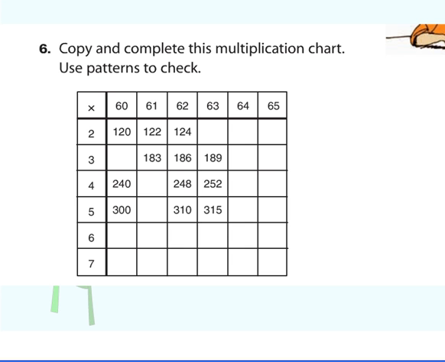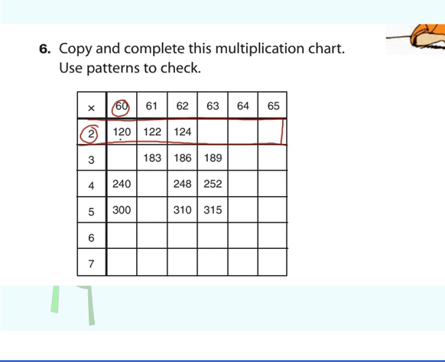I've included a copy of this chart in your lesson plan, so you're welcome to use that rather than drawing your own. So we can use what we know about patterns. So the first one is 2 times 60 is 120. We know all of these numbers, you're skip counting by 2.